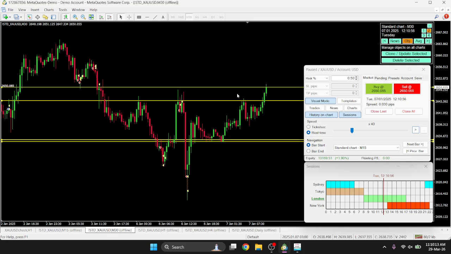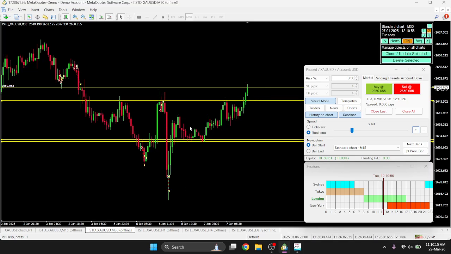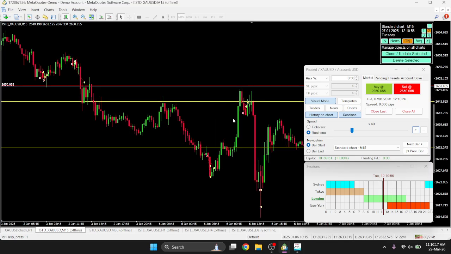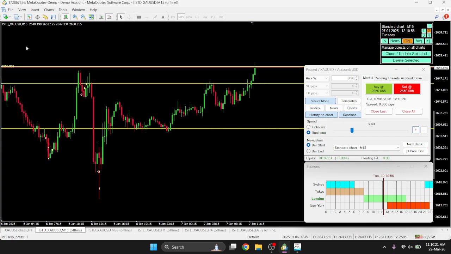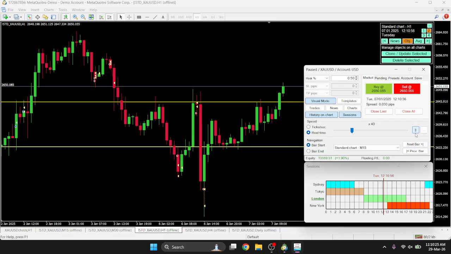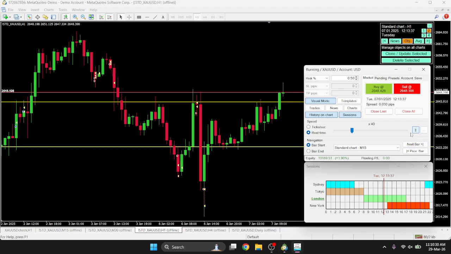In 30 minutes, it just created a low and broke the previous candle high. In 15 minutes, there is a resistance level. I am not taking a buy here. It must retest this level. Trading is just a waiting game.